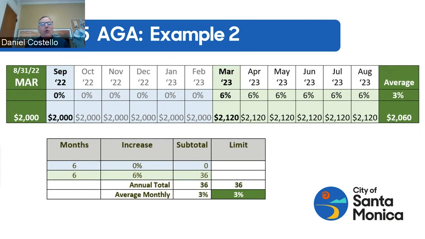As Jenny said, though, next September's increase is going to be based on the MAR in effect on August 31st, 2022. So your old MAR plus 3%, whether or not the owner actually gave notice of that 3%. And that's the way rent control works in Santa Monica.